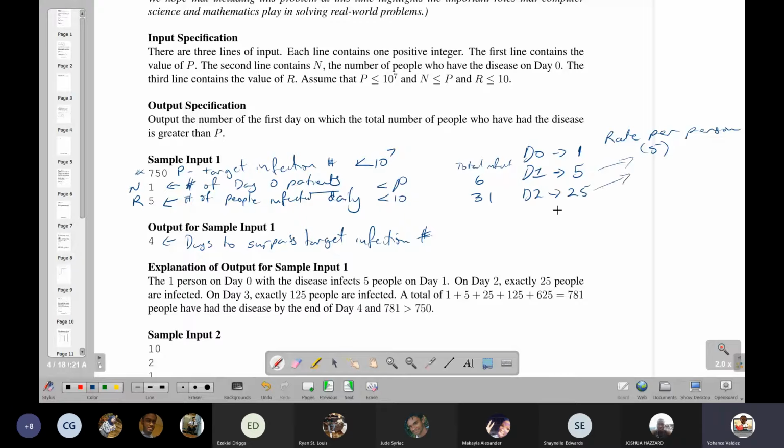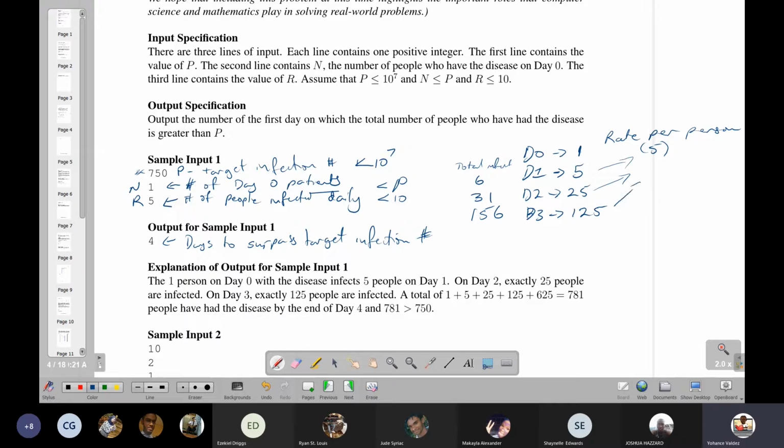Day 3 infections will cause 125 persons to be infected. So 125 plus 31 is 156. Am I correct there?